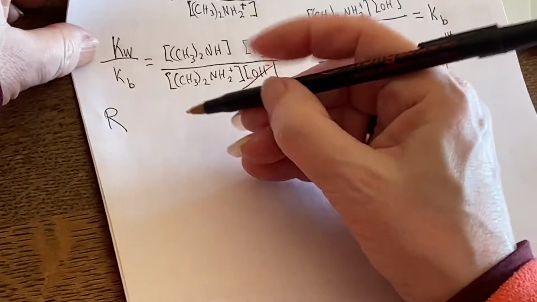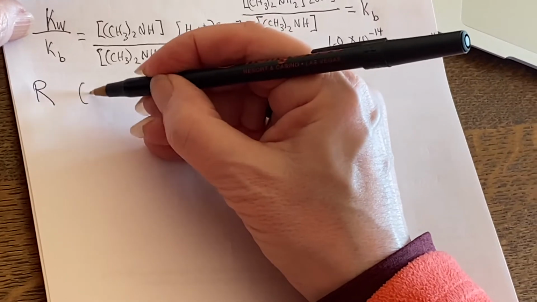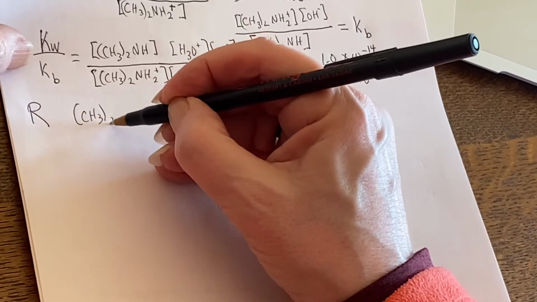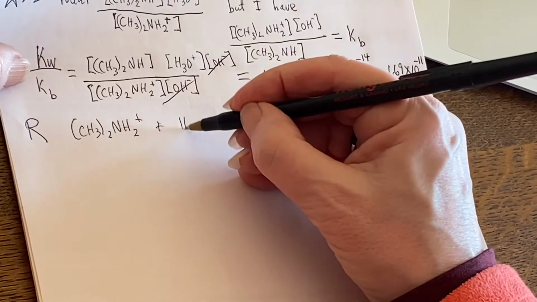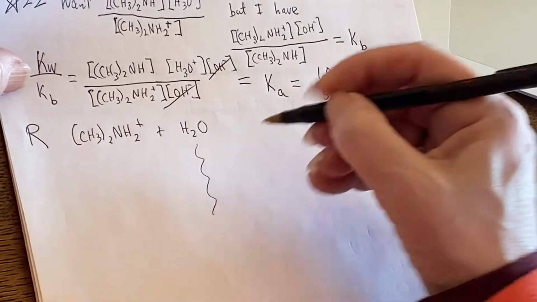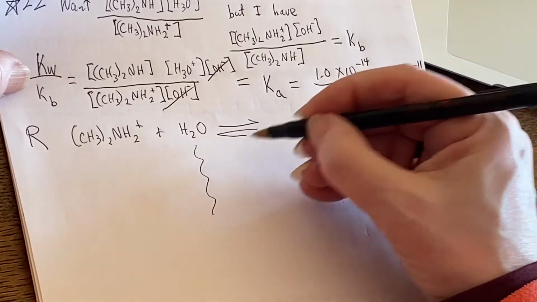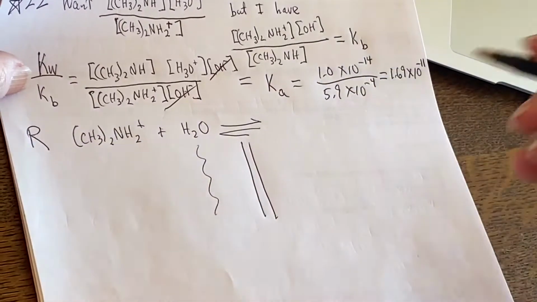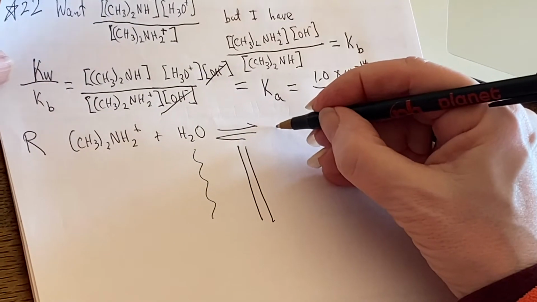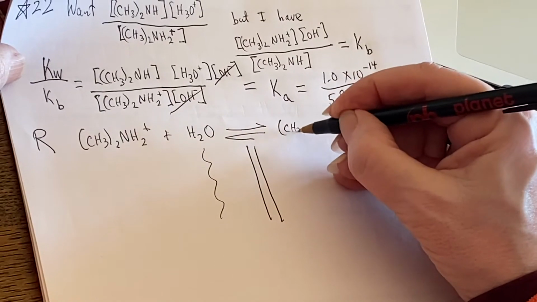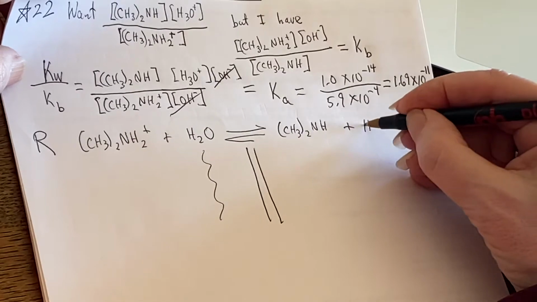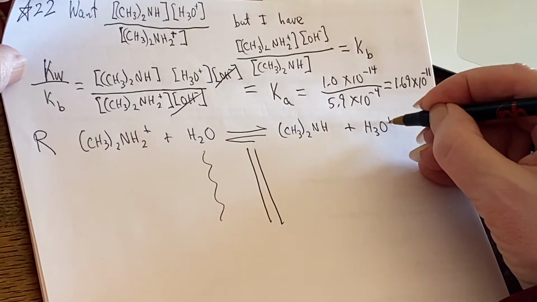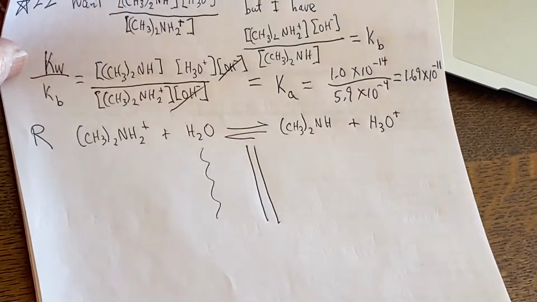So for the reaction, we go back to the (CH3)2NH2 plus and the water, which we're going to be able to just sort of ignore, in equilibrium. Separate those, and it's going to become the (CH3)2NH plus hydronium ion. Okay, there we go.